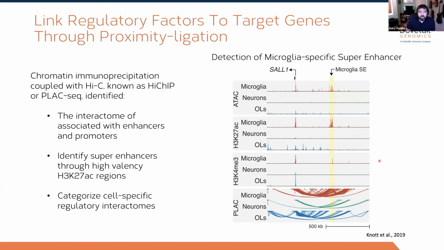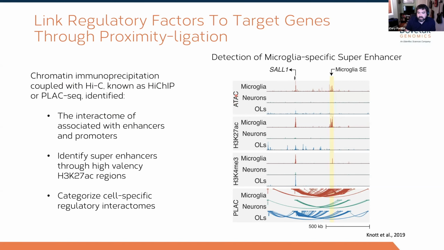So they applied this chromatin immunoprecipitation data type with Hi-C, known as HiChIP or PLAC-seq, to build up this interactome view that's associated with enhancers and promoters.